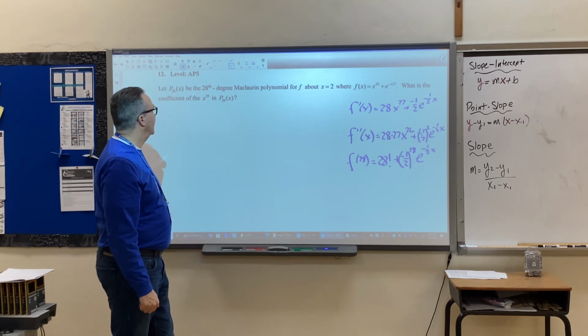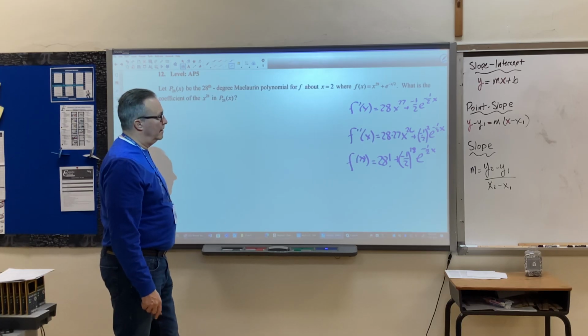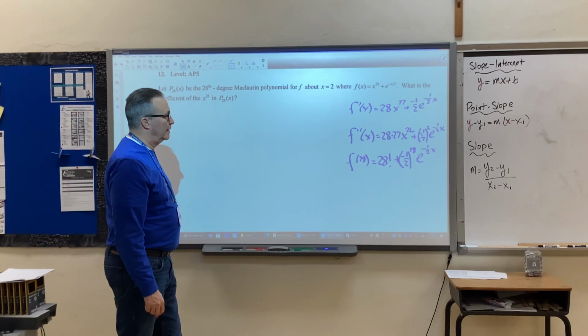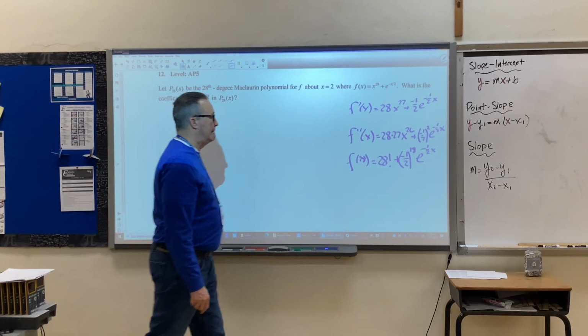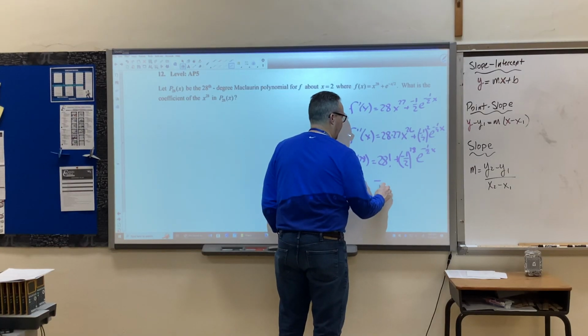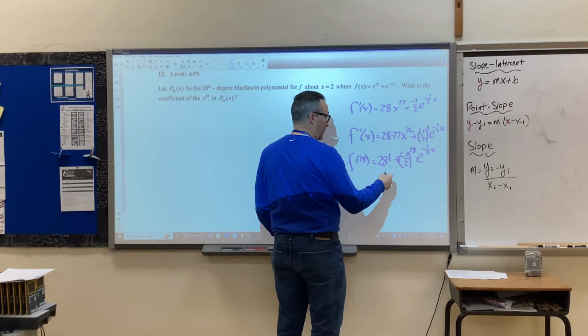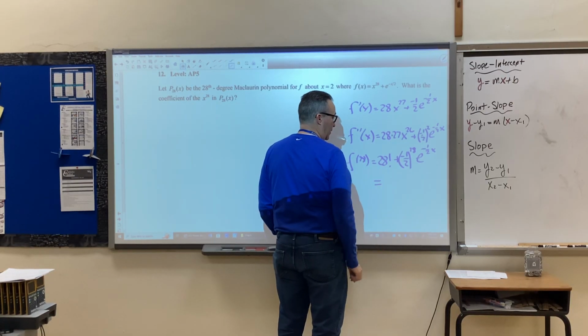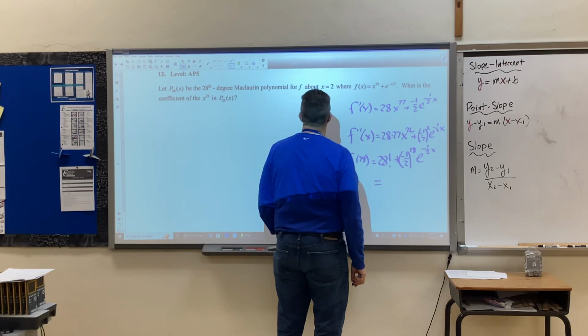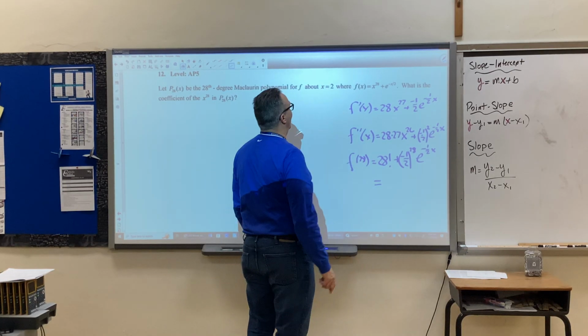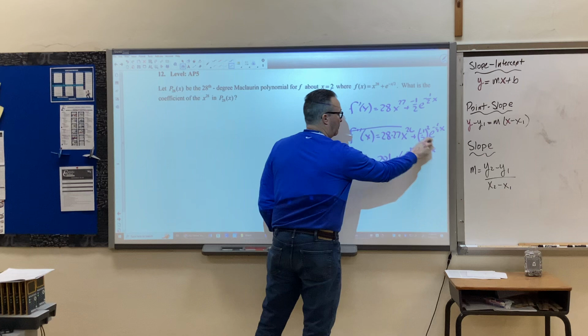Is that the coefficient? I mean, it is the 28th derivative. Well, if it has an x, then it's not the coefficient. You have to put 2 in.